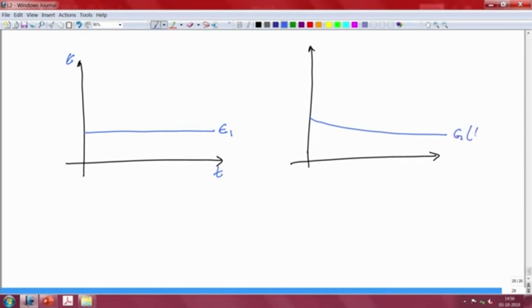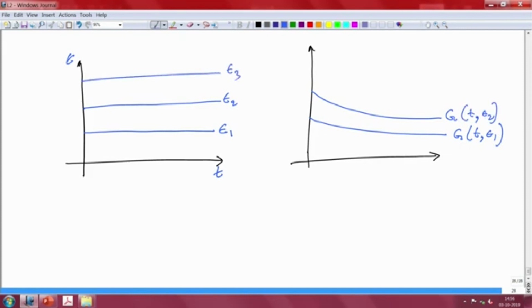We will call this G(t, epsilon 1). The second person chooses a different value and gets a different curve, and so does the third person. So once again, in the stress relaxation experiment, you end up with a family of curves.